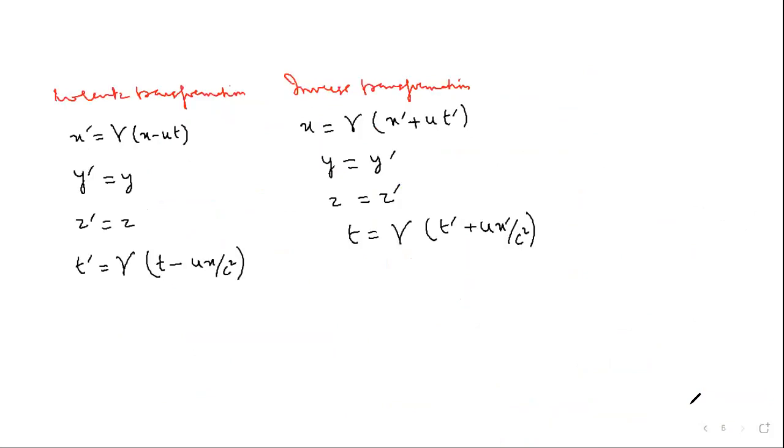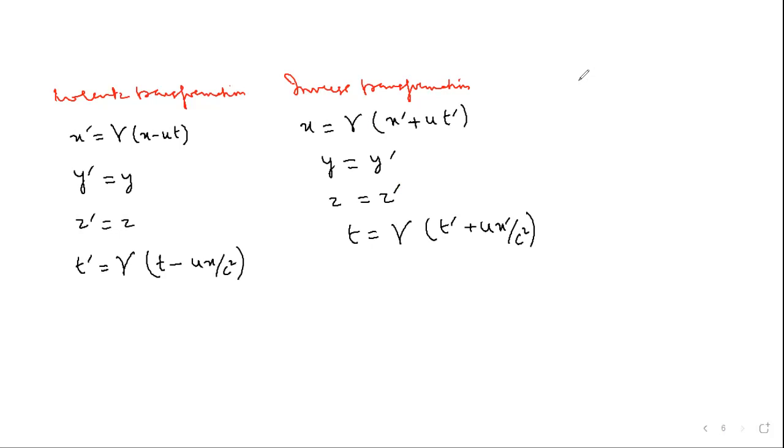We write also the corresponding interval transformations. Let me write first. Now, why do we write interval transformations?